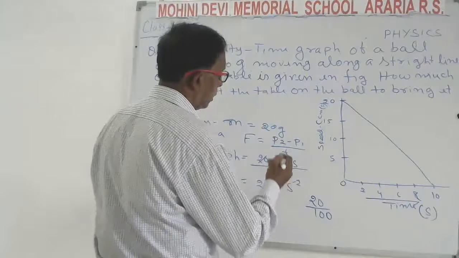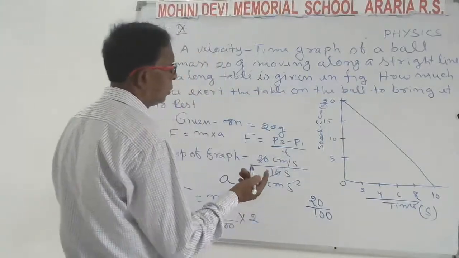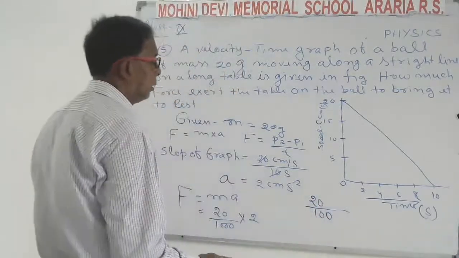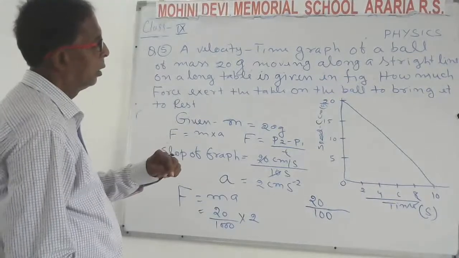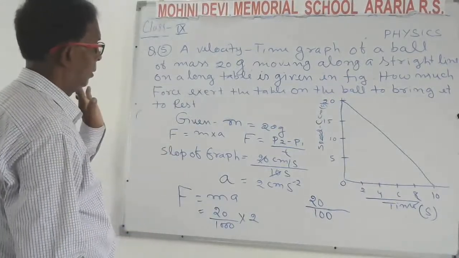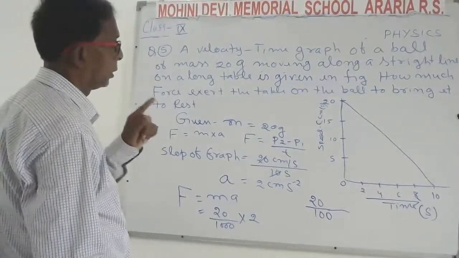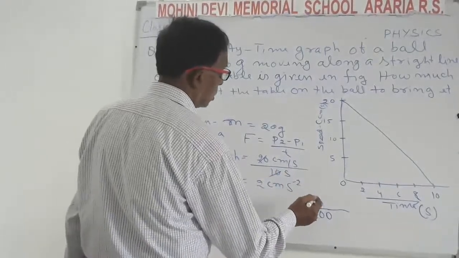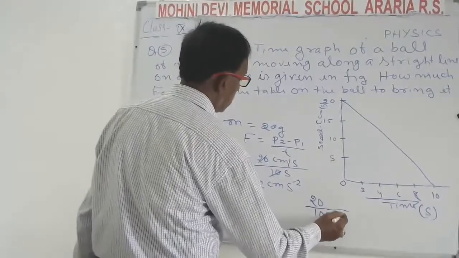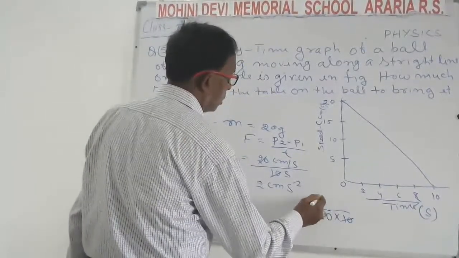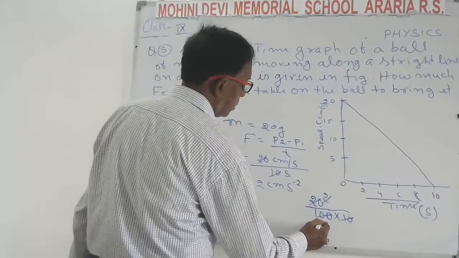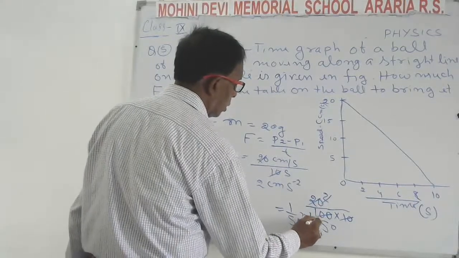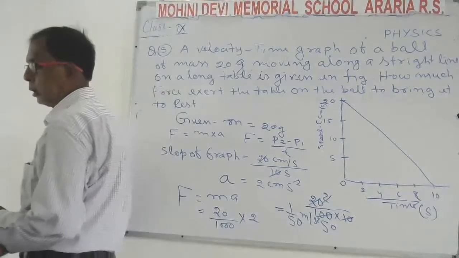So 2 centimeter per second square becomes 1 by 50 meter per second square.